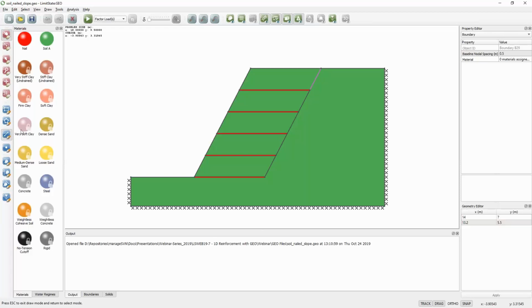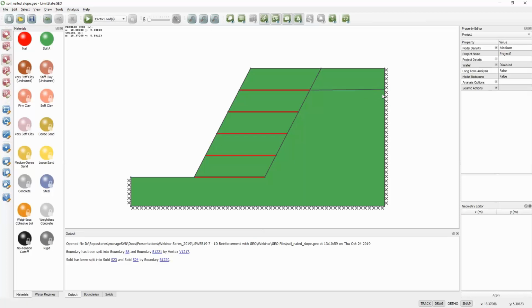If I wanted to extend that nail, for example, from here, but only part way to there, I could do it in two ways. I could either do what I've done over here, or I can go all the way to that end and then add a vertex part way through, and then take this nail.